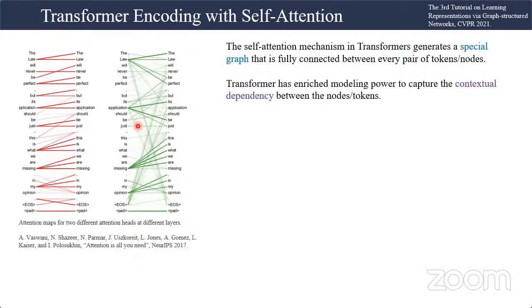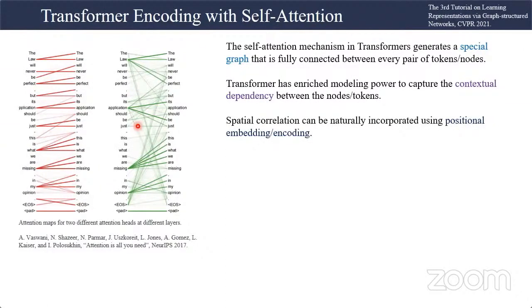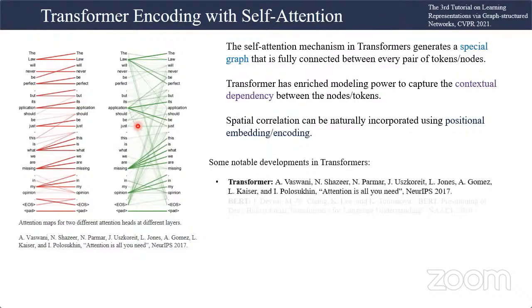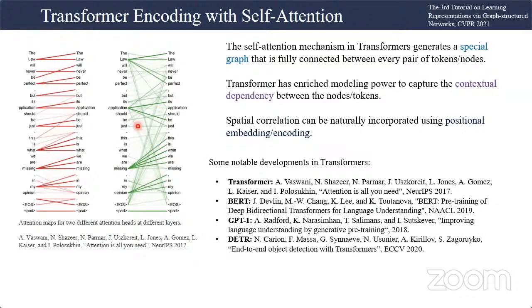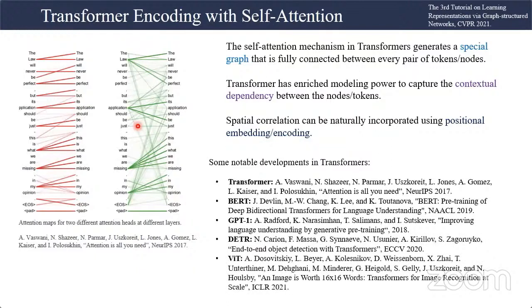Transformer has enriched the modeling power to capture the contextual dependency between the nodes. Spatial correlation can be naturally incorporated using positional embedding or positional encoding. Some notable developments in transformers include transformer, BERT, GPT, GPT-1, GPT-2, GPT-3, and the ViT, and now subsequent works.